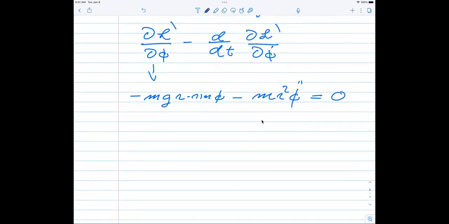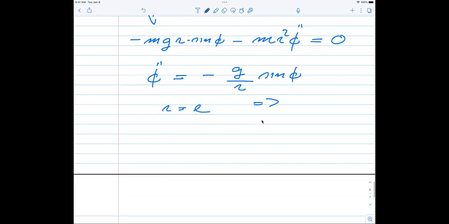And then I'm going to divide by r squared and by m. So what I get then is phi double dot is going to be given by minus g divided by r times sine phi. And then I'm going to shift r to L. So this gives us simply an equation which we have seen in homework number 7.